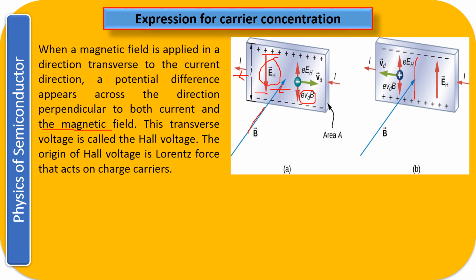This is the one force you must be knowing, F equal to q v cross B. The other force is F equal to q into E. So two types of force are acting, right? If these two forces are going to balance, then the electrons are going to settle like this. So what will happen?